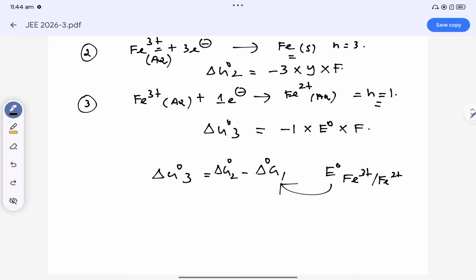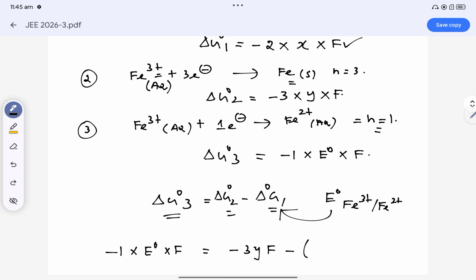For del G naught 3, the value is minus 1 E naught F. For del G2, we have minus 3 Y F. For del G1, we have minus 2 X F.